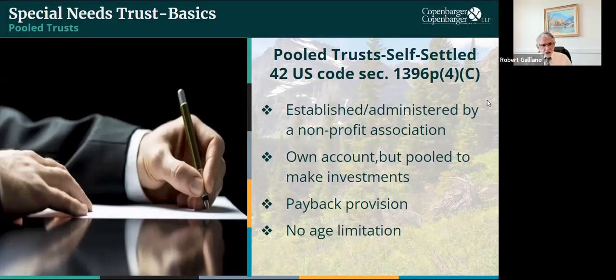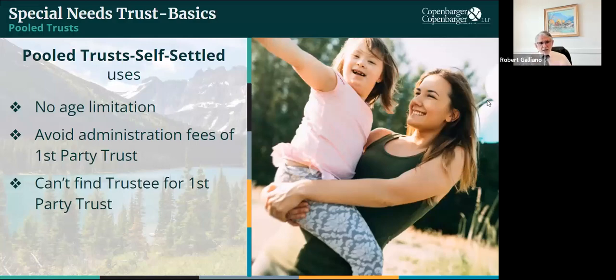It is also managed professionally by the nonprofit organization, and they can often manage the trust with lesser administration fees than a first-party trust. And a lot of families cannot find a trustee for the first-party trust, so they use a pooled trust, because the organization has an administration department that can manage these trusts. That is why these are selected.